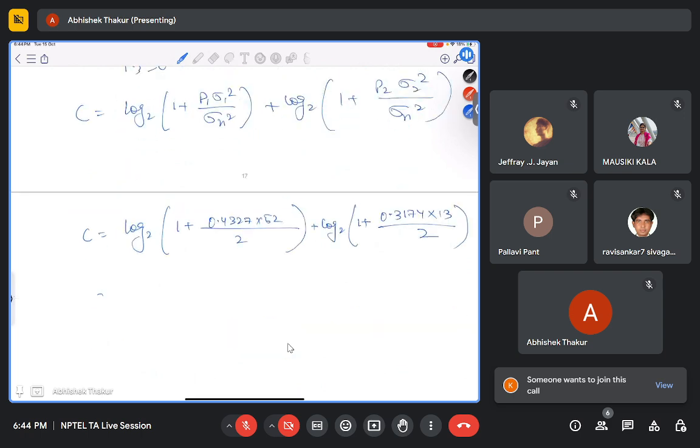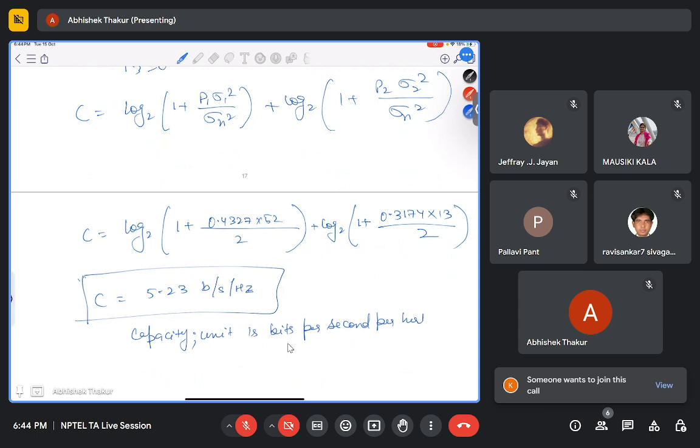When we calculate this value, we get 5.23 bits per second per hertz. So this is the capacity, and the unit is bits per second per hertz.